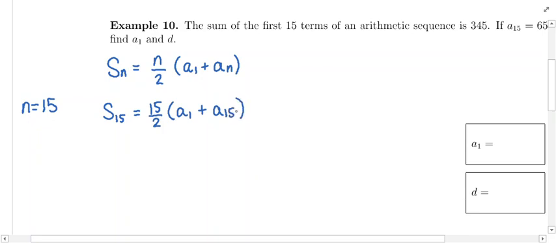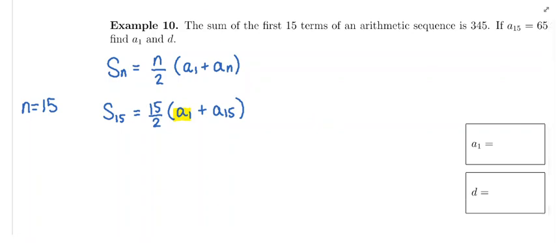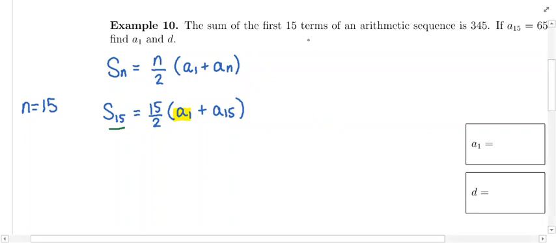So here is a1. We're looking for it. But what's great is that we have information about S15. We know what that value is. It says the sum of the first 15 terms is 345. So what we get out of that statement is that S15 is equal to 345. That's what the 345 is referring to.